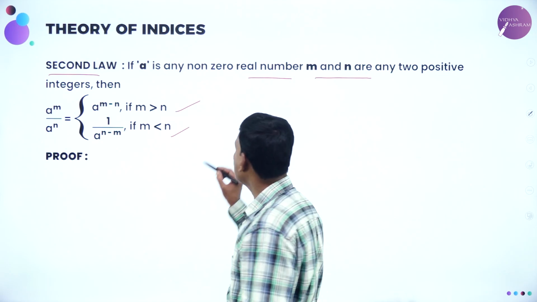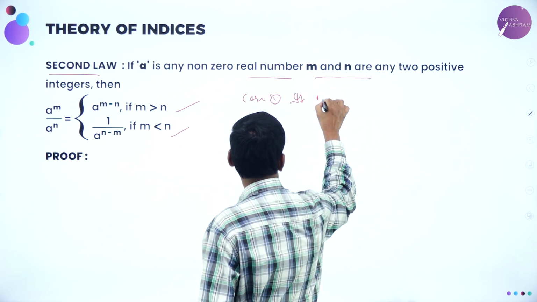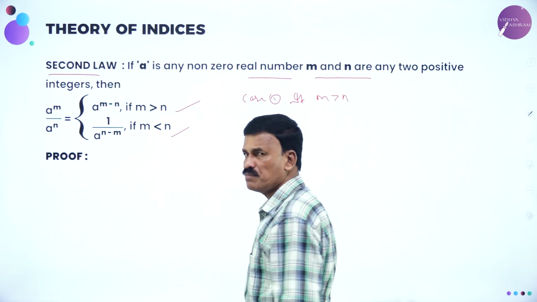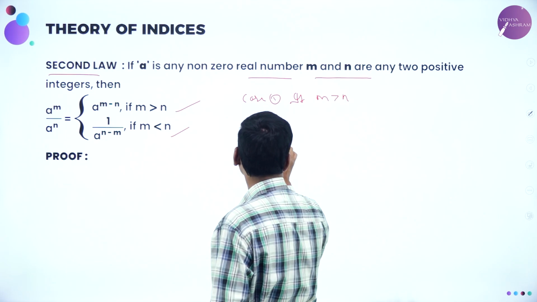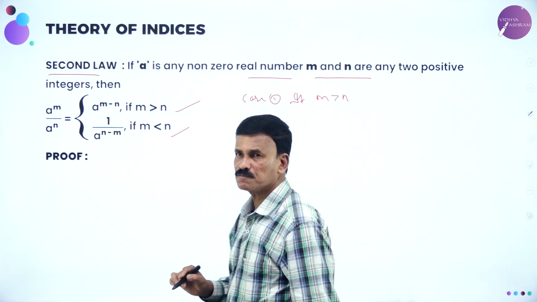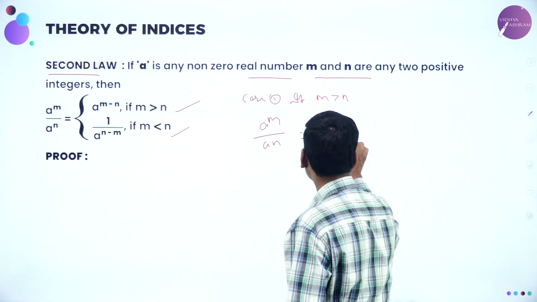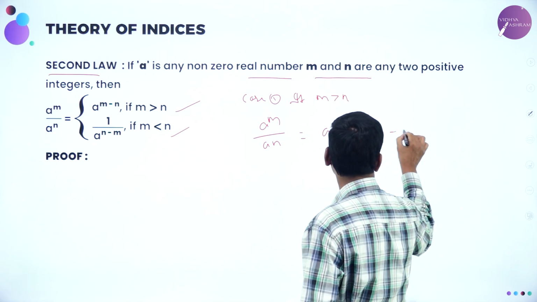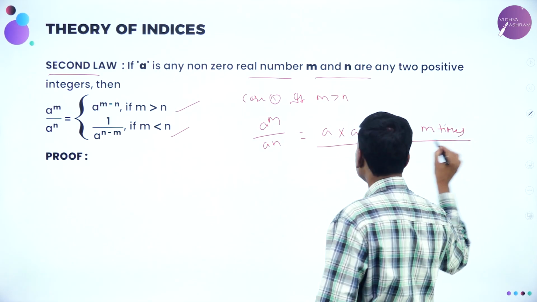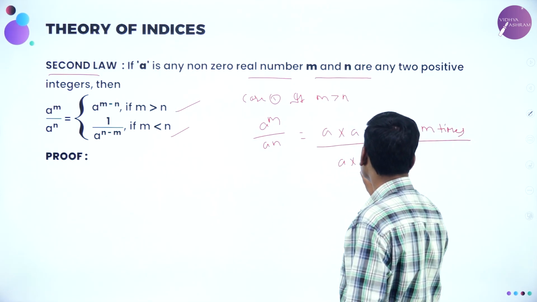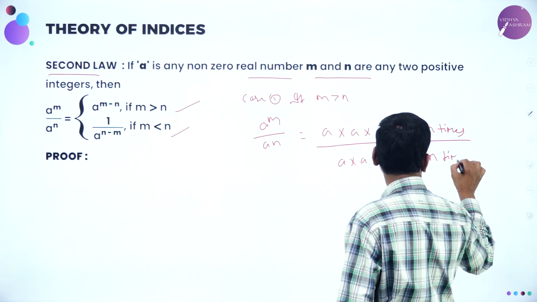Now, let us come to case number 1. In the first case, m is greater than n. What is to prove? Given a to the power of m by a to the power of n. This is nothing but a to the power of m means a into a, etc., m times, divided by, in the denominator, a to the power of n means a into a, etc., n times.